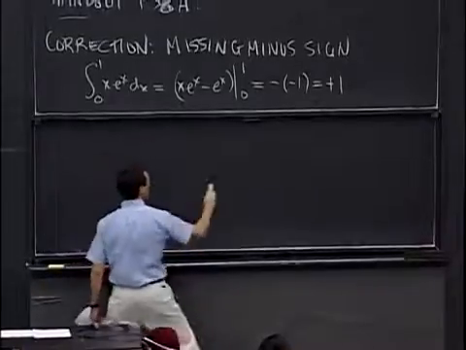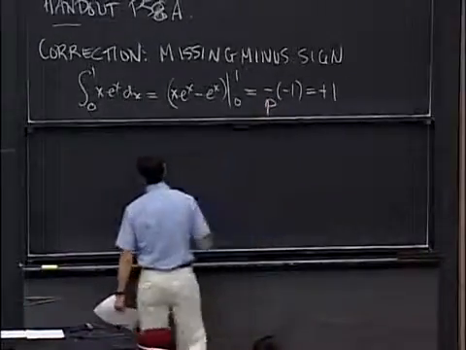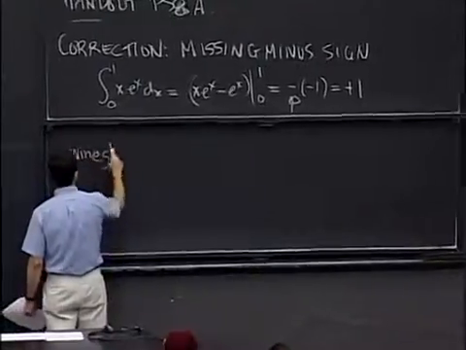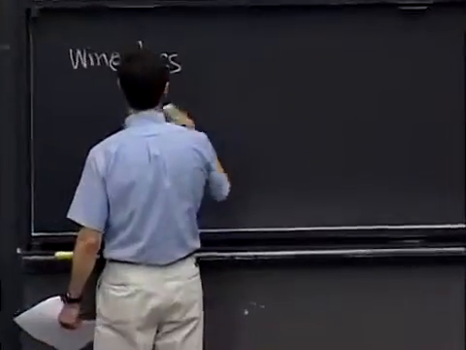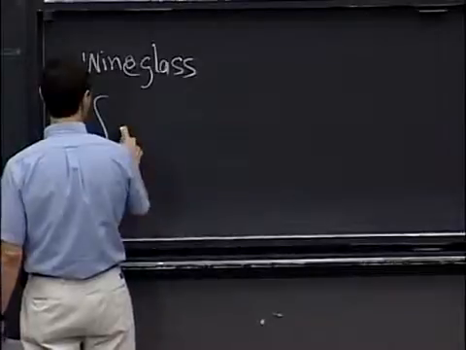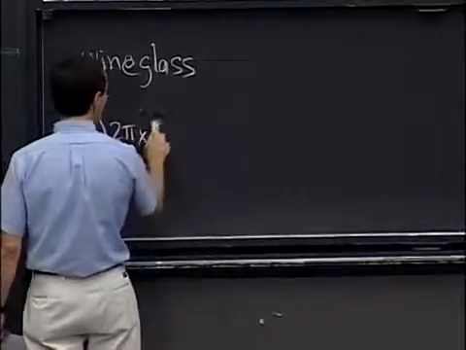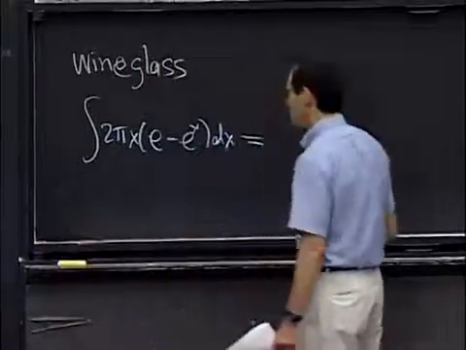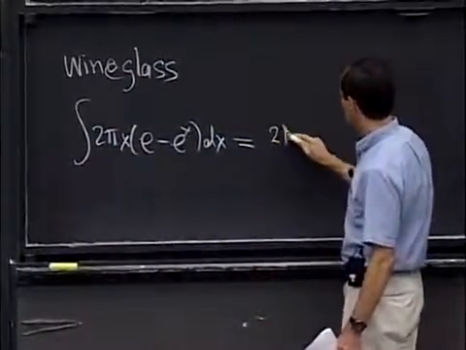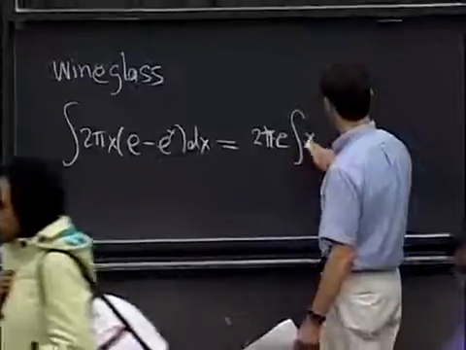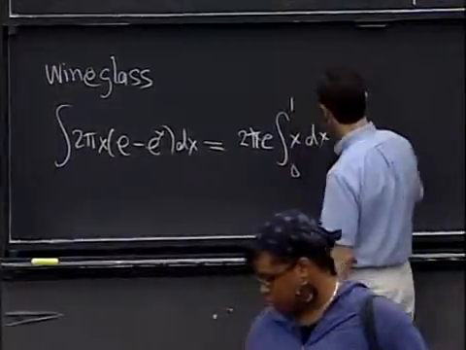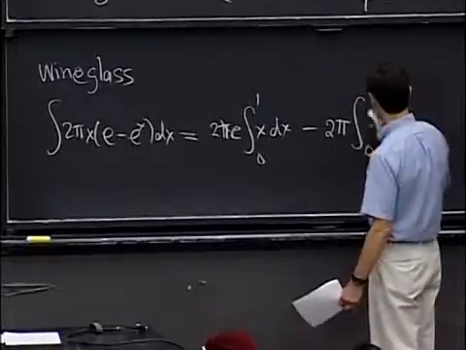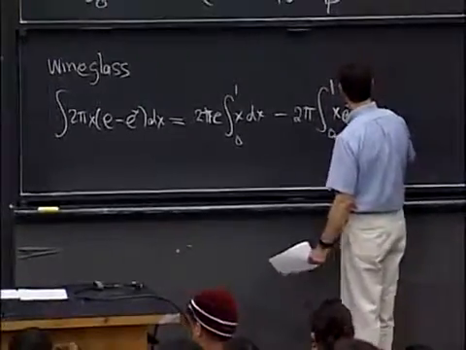The place where it came in was in this wine glass example. We had the integral of 2 pi x times e minus e to the x dx. And that was 2 pi e integral of x dx from 0 to 1 minus 2 pi integral from 0 to 1 of x e to the x dx.